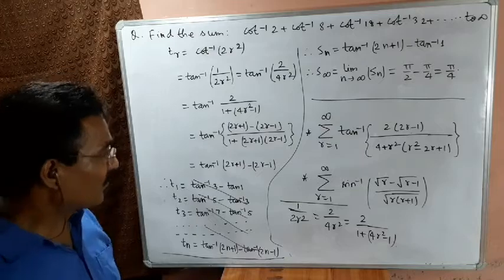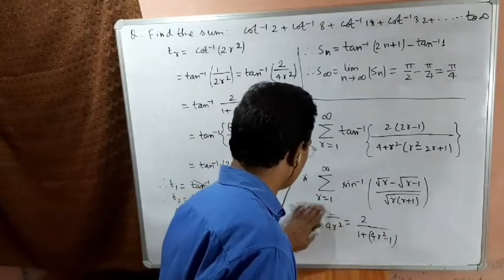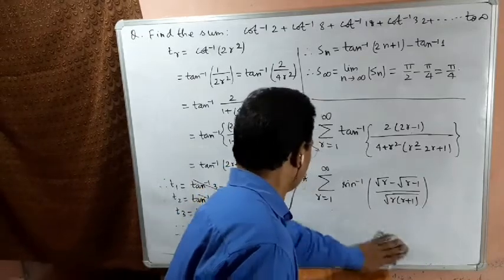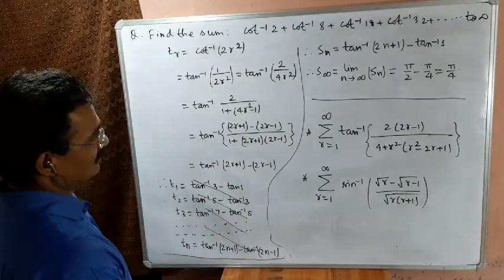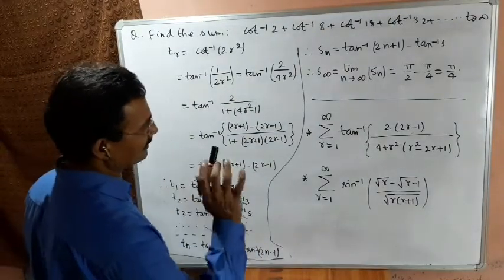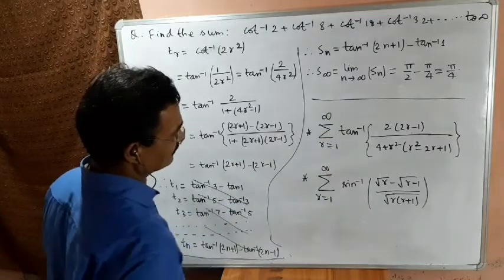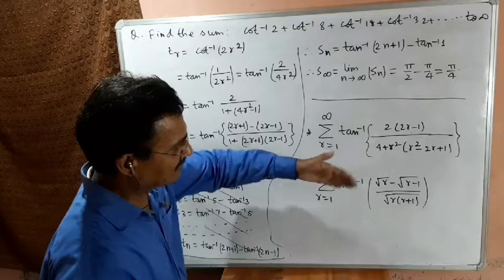For your practice, I have written 2 more questions based on the concept I discussed in the previous 2 questions. I would advise you to try these 2 questions. This one is already in tan inverse form. You only have to manage something minus something.